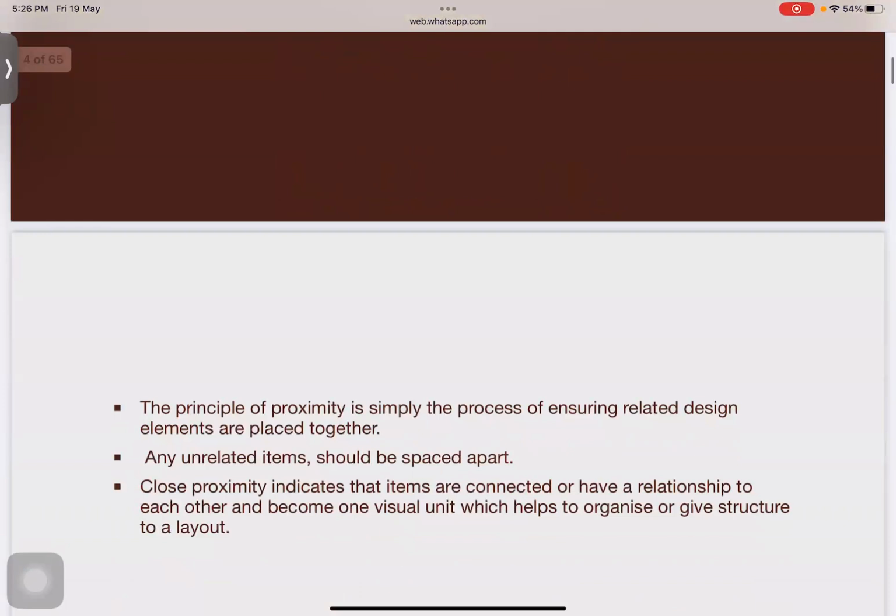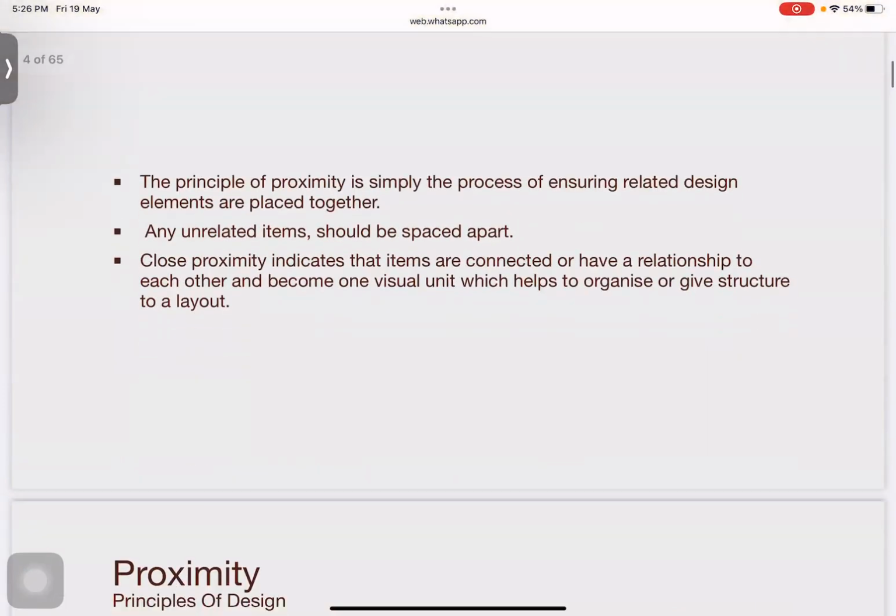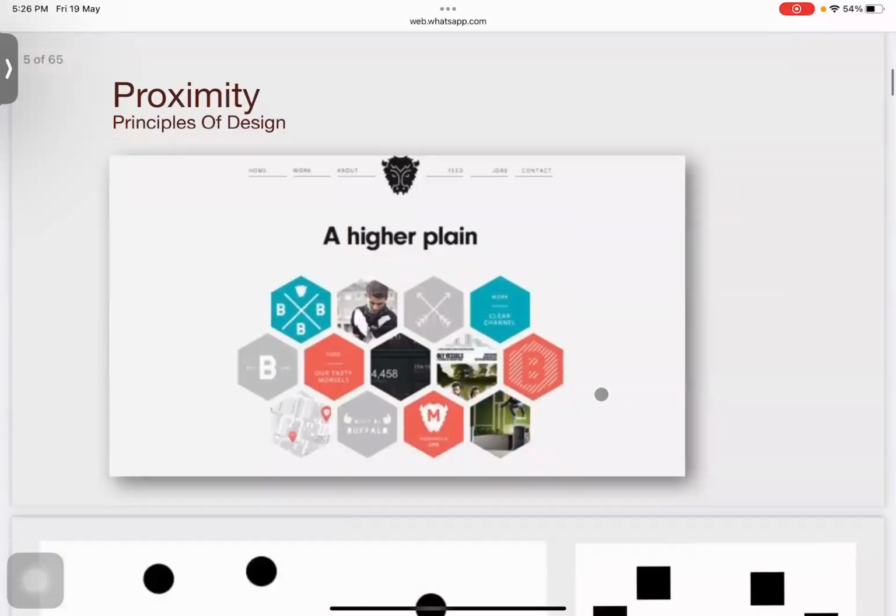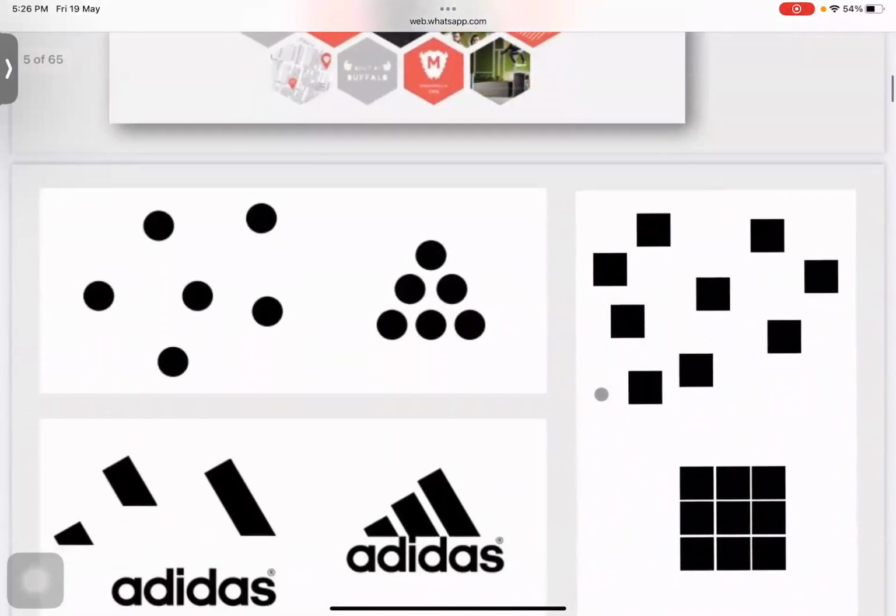So proximity, what is proximity? First we need to understand that. The principle of proximity is simple: the process of ensuring related design elements are placed together. We will see the examples over here as well. Let us see this square example, which will give a better idea.